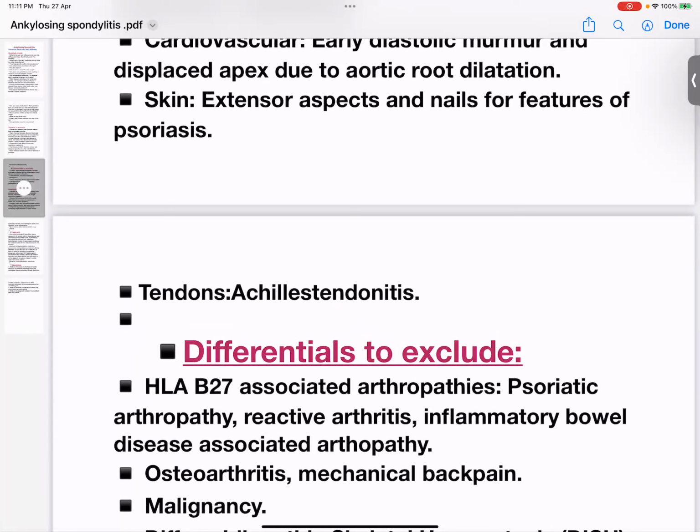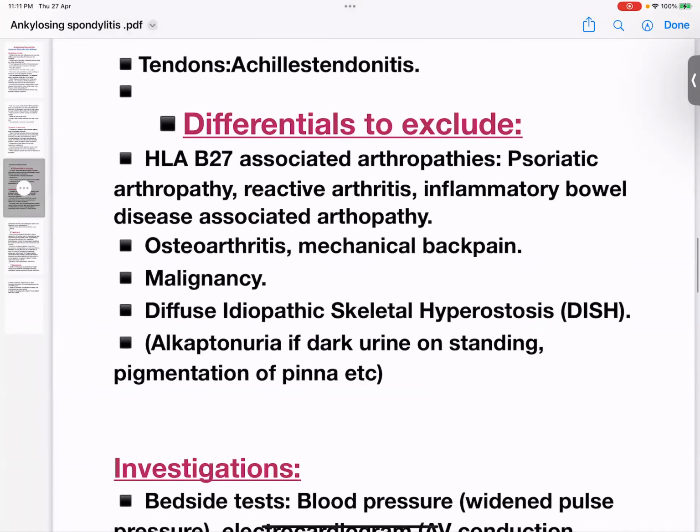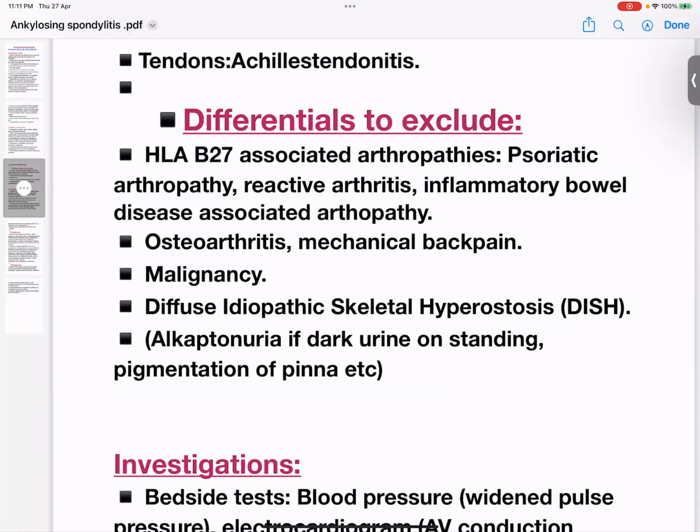So with Achilles tendonitis, there will be pain in the back of the foot.